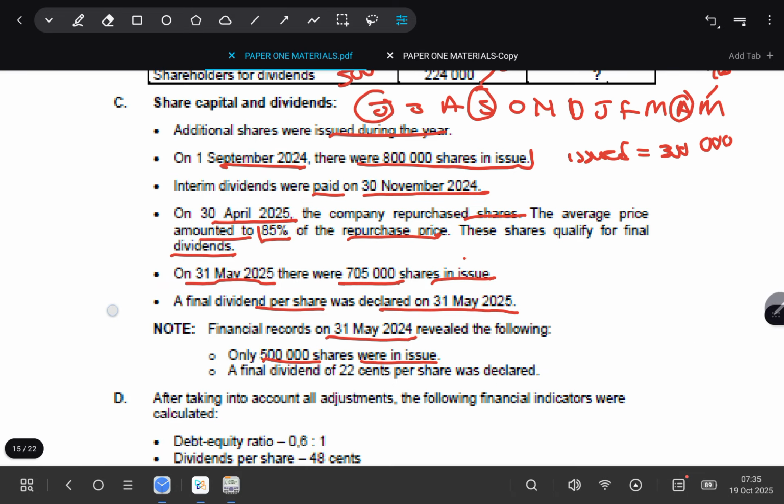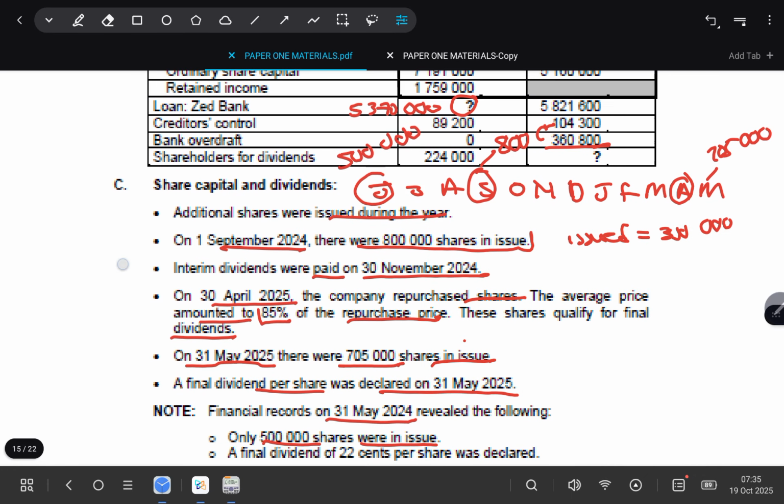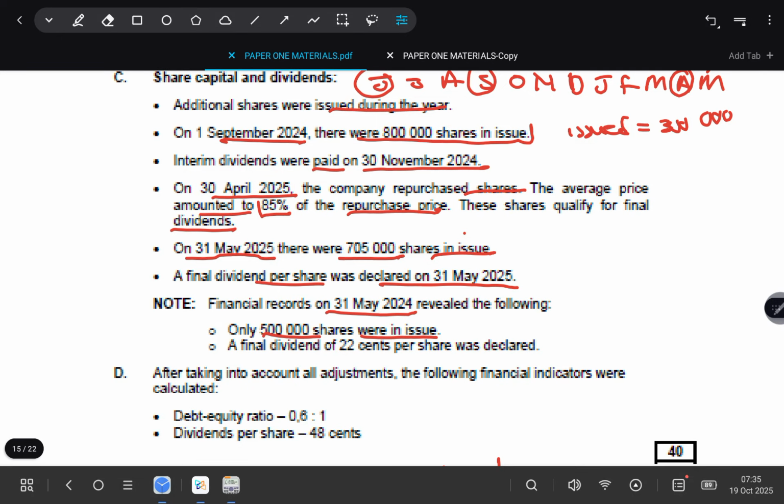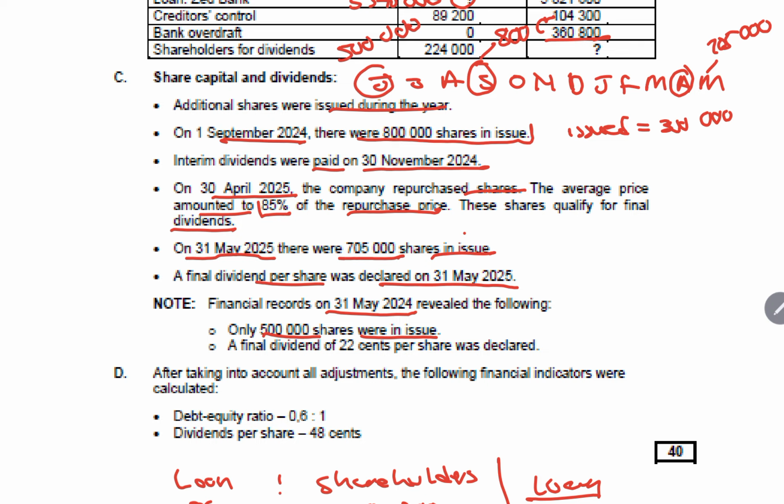So on our information, number one, we need to check firstly, remember, you must check if you have last year's shareholders for dividends, right? So last year's shareholders for dividends, it's a question mark. So it means you need to figure it out on your own.